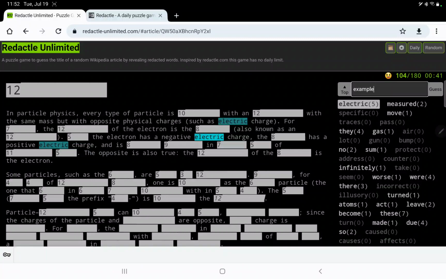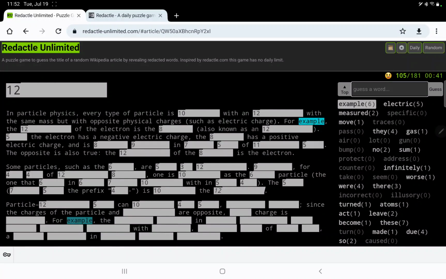For example, oh, should have got that long ago. For example, the something of the electron is the, well, what am I forgetting in the atom? I thought the proton was the opposite of an electron. A neutron I thought was neutral, and then I thought the electron and the proton, but maybe not, also known as an something.